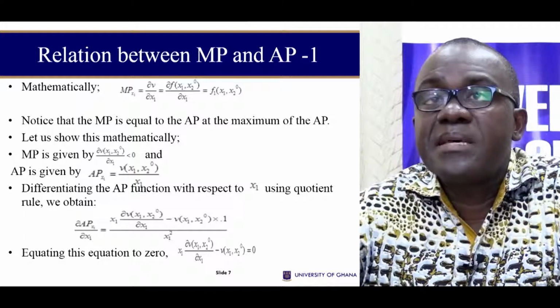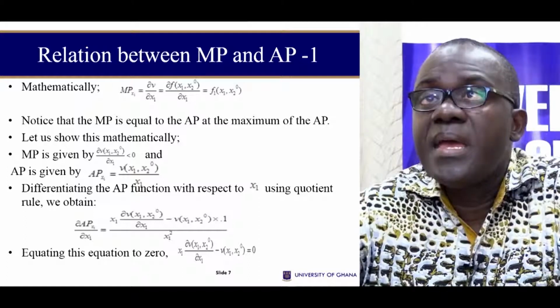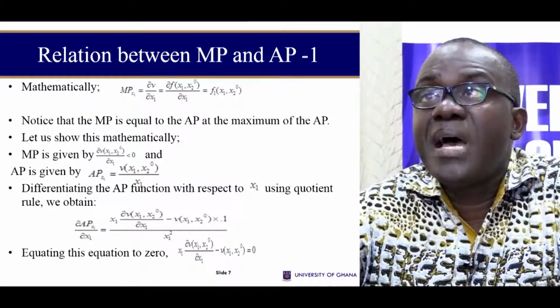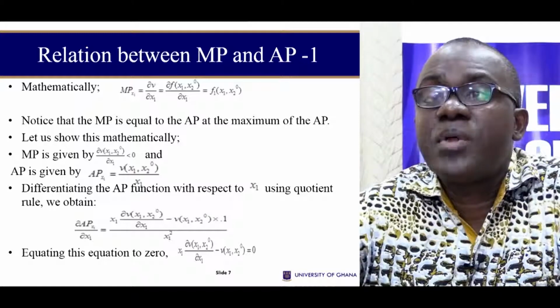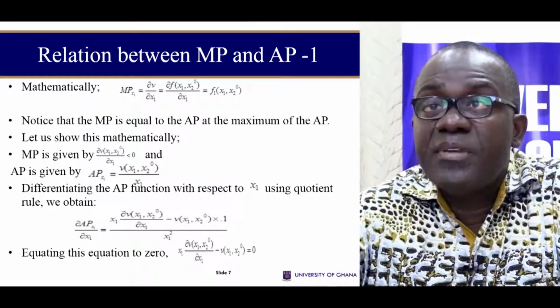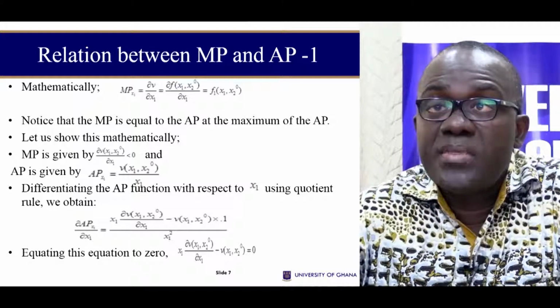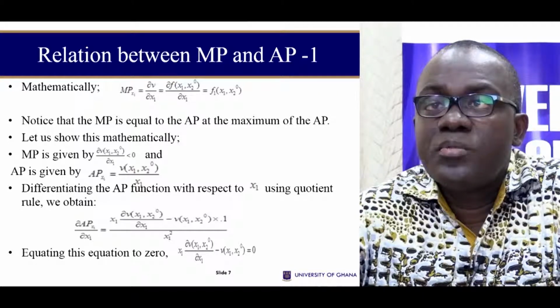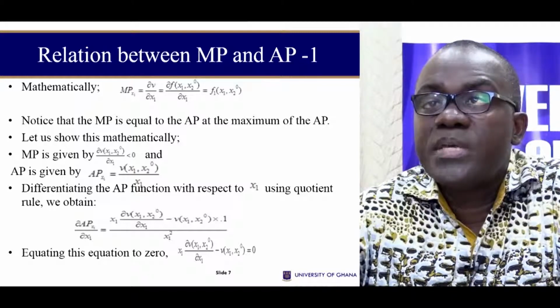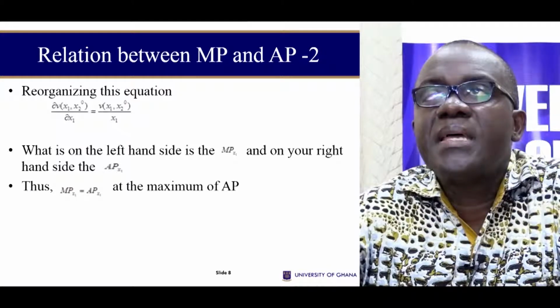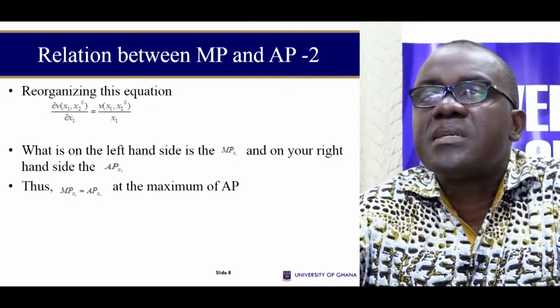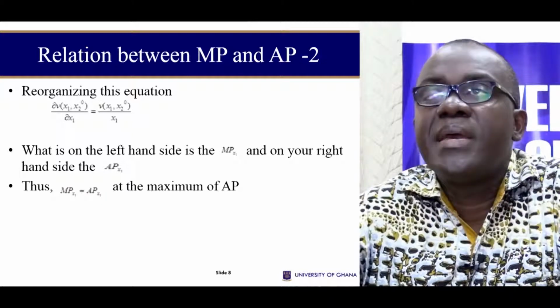Since the marginal product is equal to the average product at the maximum of the average product, it means that we have to differentiate the average product. When we differentiate the average product, here we are using the quotient rule. We get this, and when we equate it to our marginal product, multiply through by x1, and reorganize this equation, we obtain what is over here. The reorganization gives us the equation that we have over here.